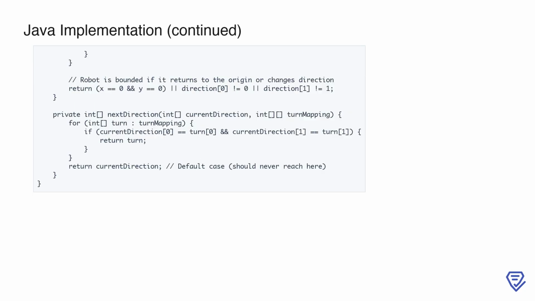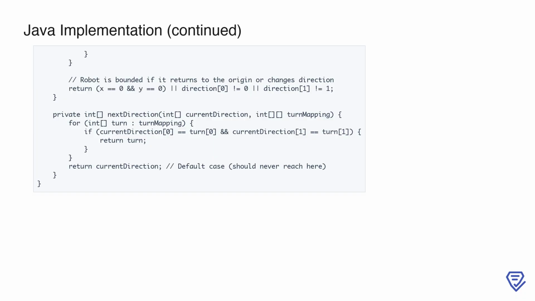The loop continues processing instructions one by one, and after handling all the moves, we determine whether the robot is bounded in a circle. This happens if either the robot returns to the origin, meaning both x and y coordinates are 0, or if the robot's direction changes to anything other than facing north. The condition in the return statement checks for these scenarios.